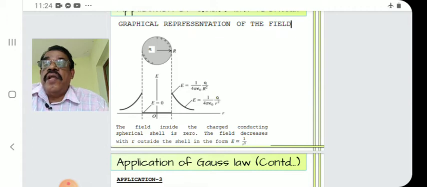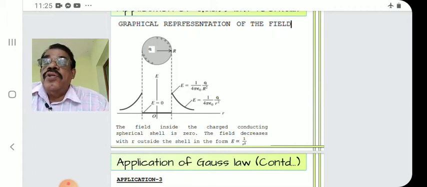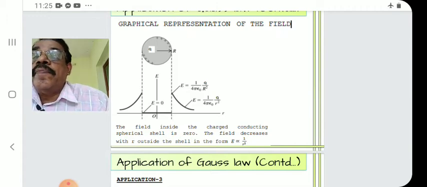Inside the sphere there is no graph, there is no intensity. Outside, the intensity decreases in the manner 1 by r square.